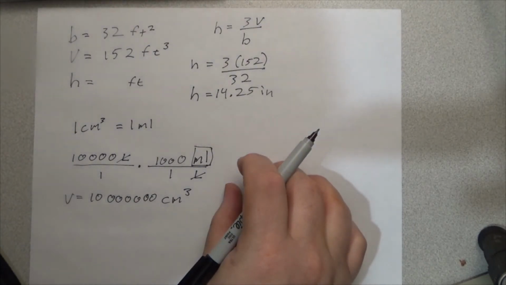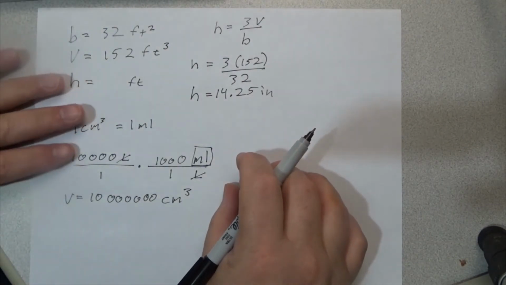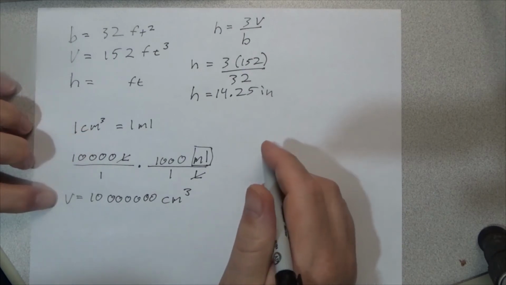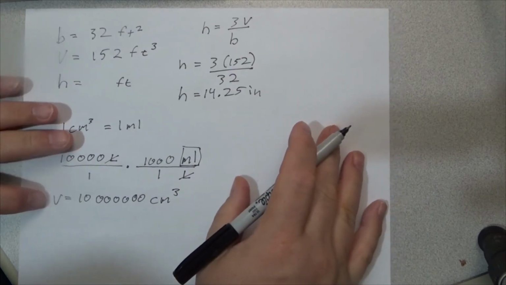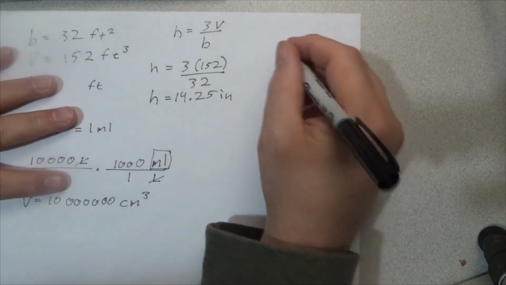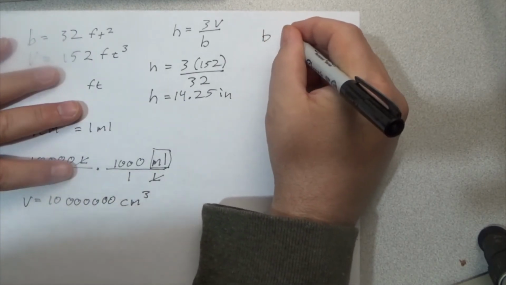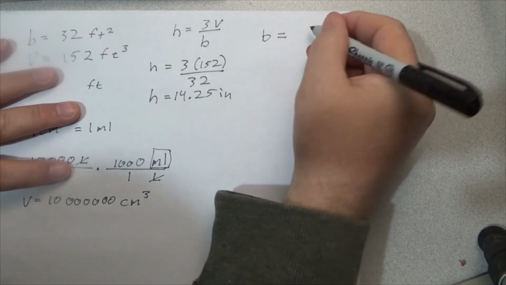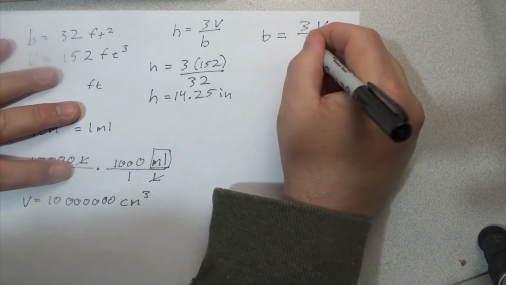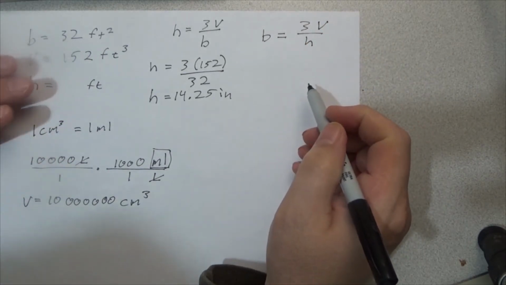It's too small print. R something on the figure. The biggest radius when it's full. Because I know that volume and I know that height. Because what I'm looking for, remember, is I want to put that equation right up here. I'm looking for the base area is going to be equal to 3 times the volume divided by the height. I do not know the volume at 50 centimeters.